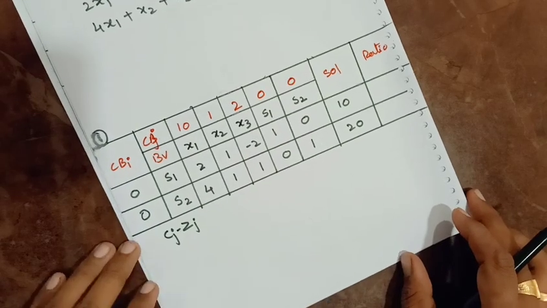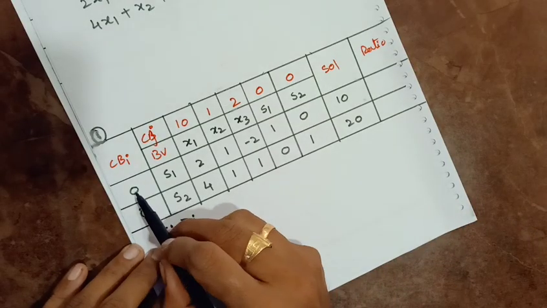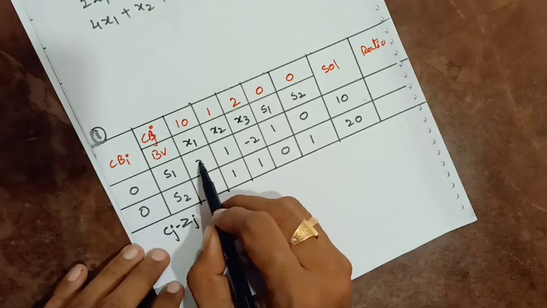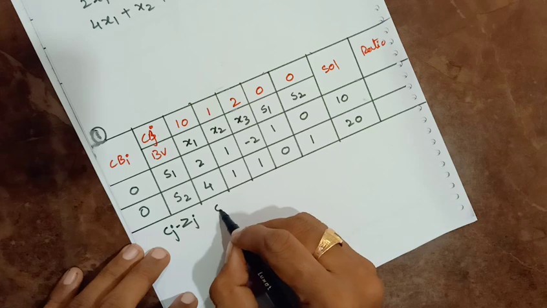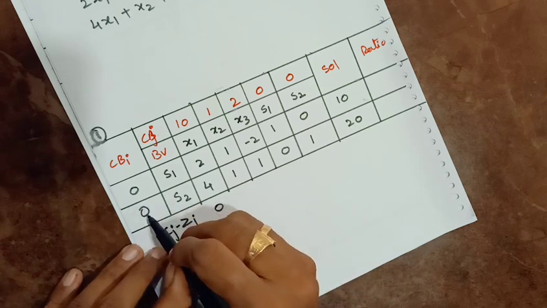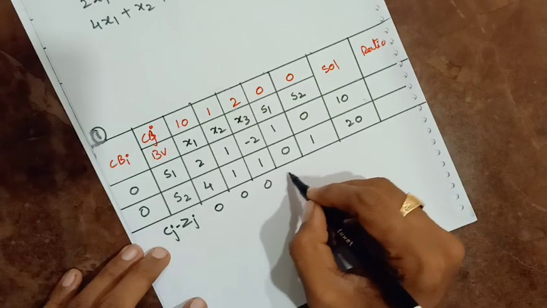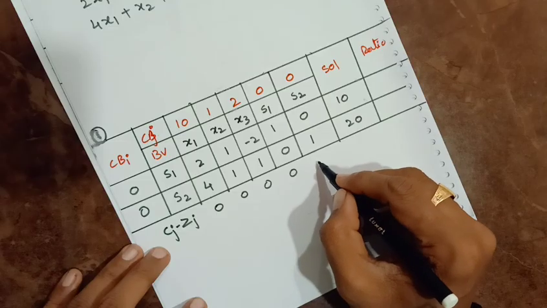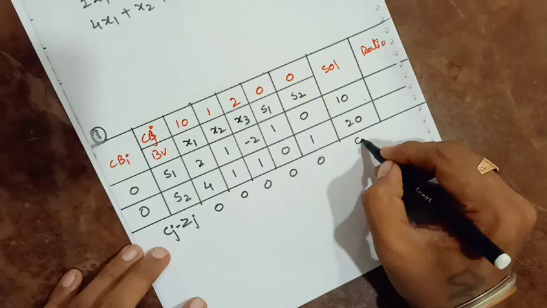As here we have zeros, in this column all the values will be zeros. 10 into 0 is 0, plus 20 into 0 is 0.